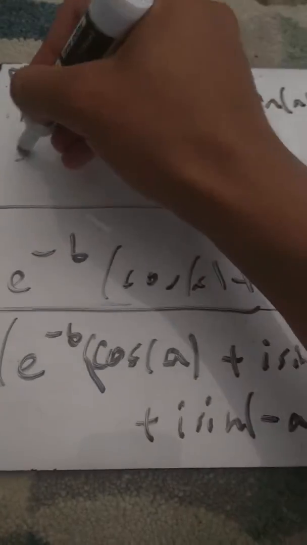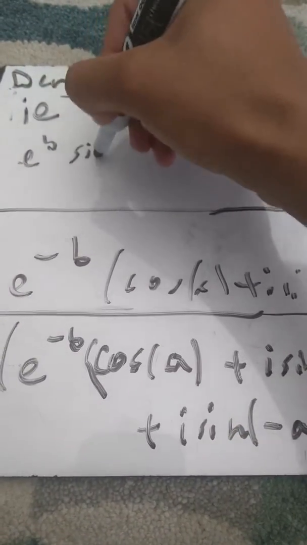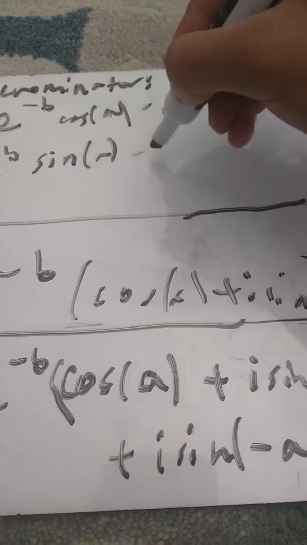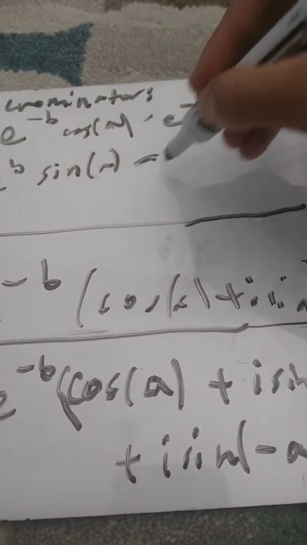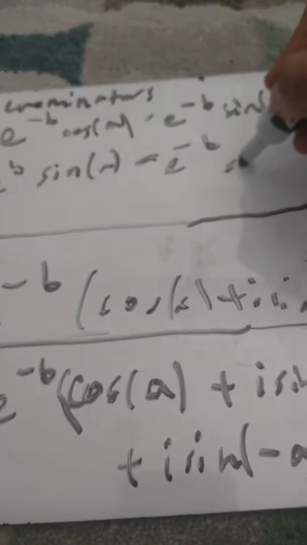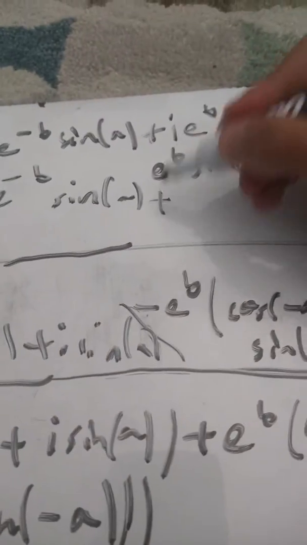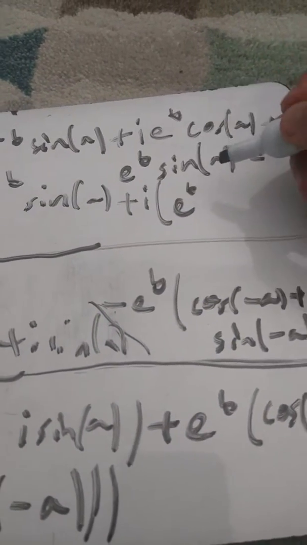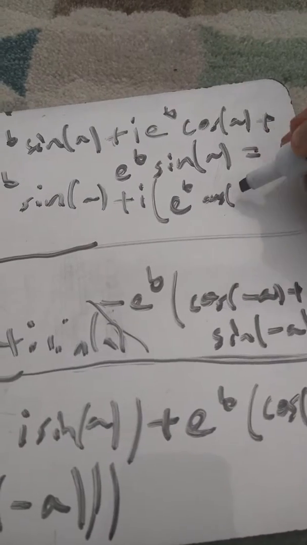So now you can write this as e to the b sine a, and then minus e to the negative b sine a, and then for the imaginary part, i times e to the b cosine of a.